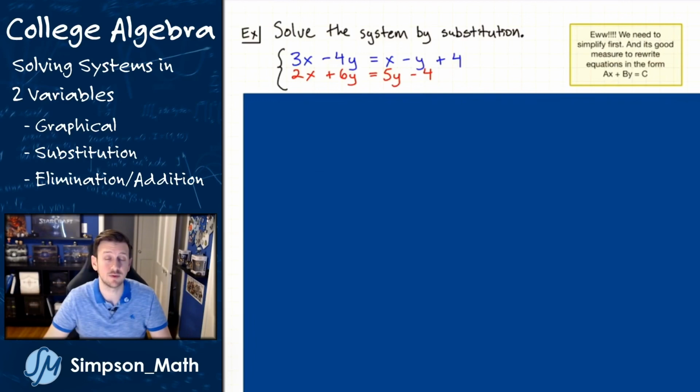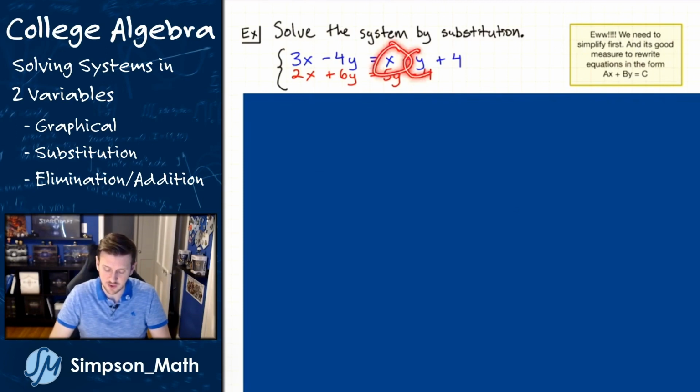All right, our next example, you're going to do on your own. I want you to see how you can handle it. But just a little hint: make sure that you solve each system for ax plus by equals c. There are a few reasons for this. One, it lines up a little more with what we're doing when we move on into elimination and addition. But also, just look at this.